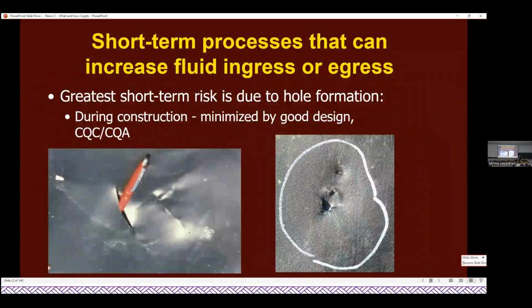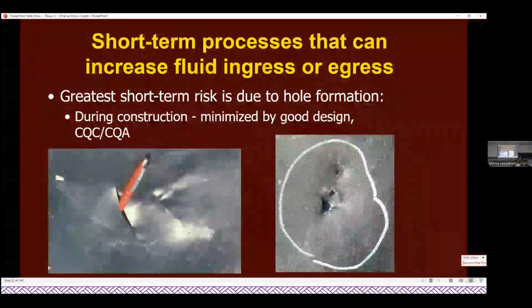So, the greatest long-term and short-term risk when you have a geomembrane is holes. And those holes can occur during construction, immediately after construction, and during operations.